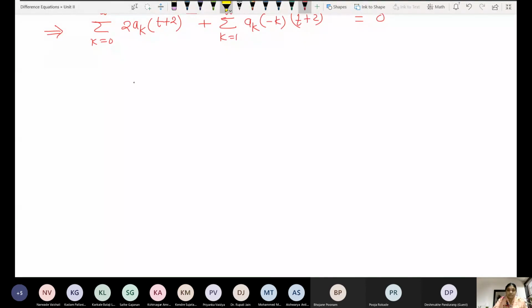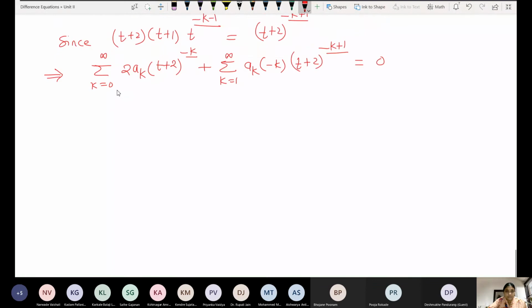So now you can see here, summation k is equal to 0 to infinity. I want here, instead of k equal to 1, k equal to 0 to infinity.